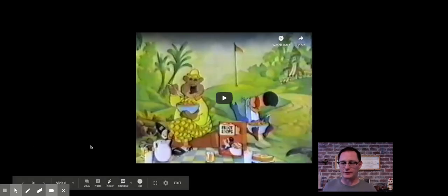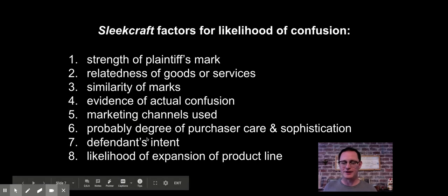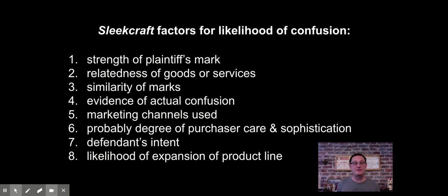So, according to Kellogg's, that advertisement was at least one piece of evidence, arguably bolstering their claim that the Toucan Golf logo was infringing on the Toucan Sam mark that they own.